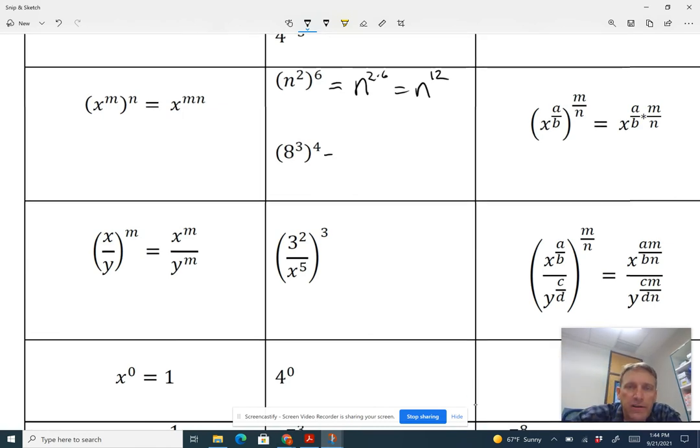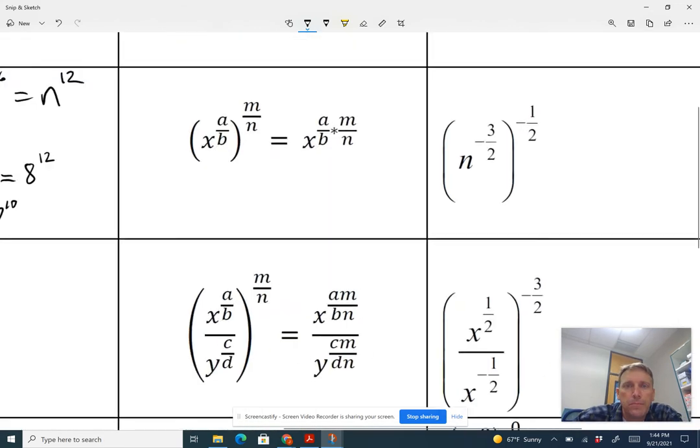And then in a numeric example, we've got 8 to the 3rd, or 8 cubed raised to the 4th power is 3 times 4, and that's 8 to the 12th power. And 8 to the 12th power is pretty big, so I'm going to put is approximately equal to 6.87 times 10 to the 10th power. That's an approximation. It's a pretty big number in the billions.